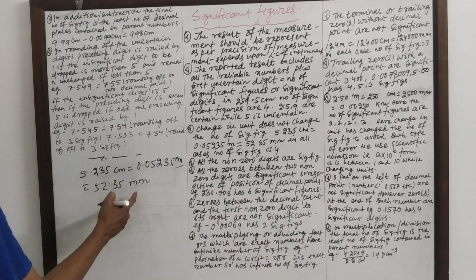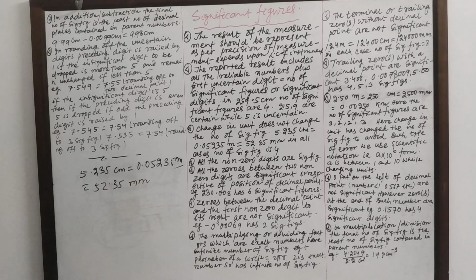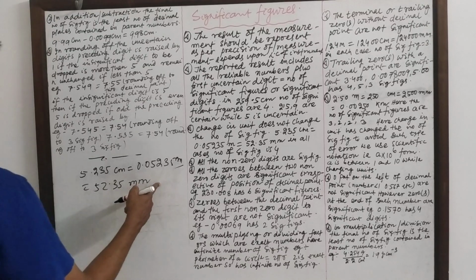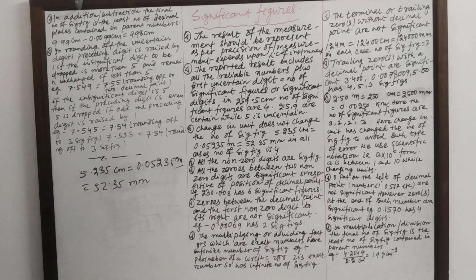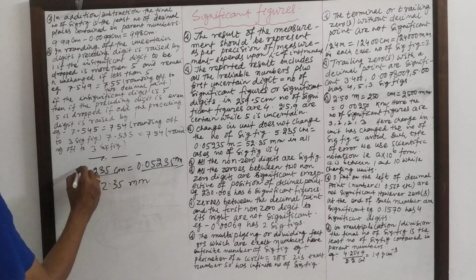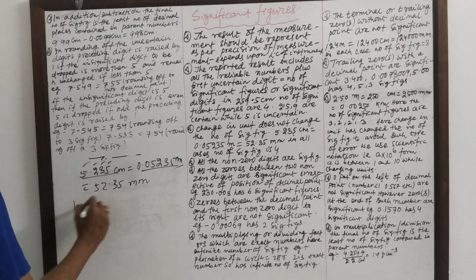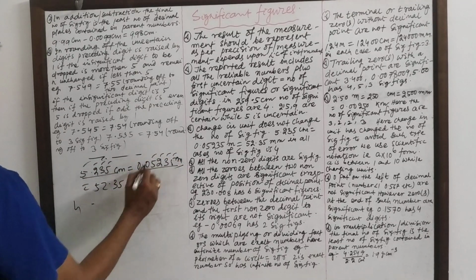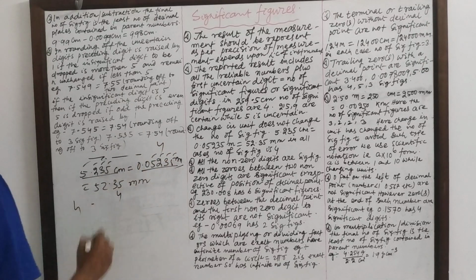If you convert cm to mm, we have to multiply it by 10, so 52.35 mm. In all these cases the number of significant figures is 4.